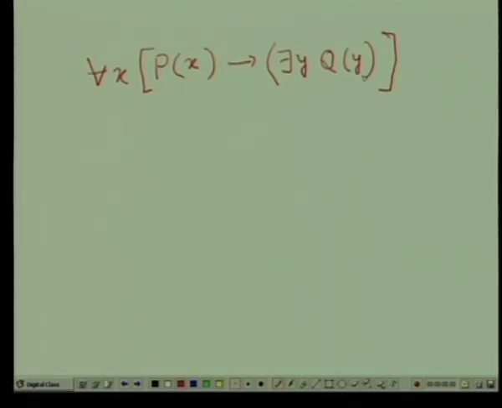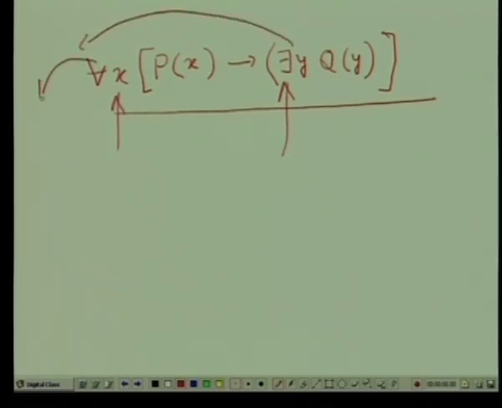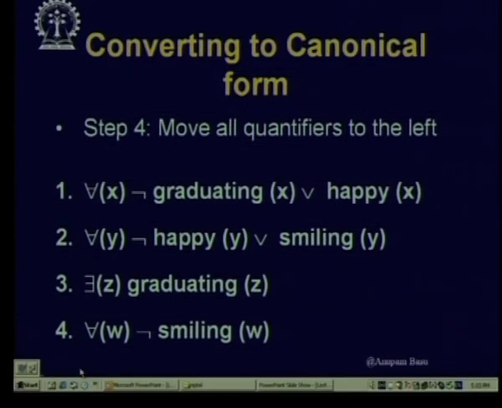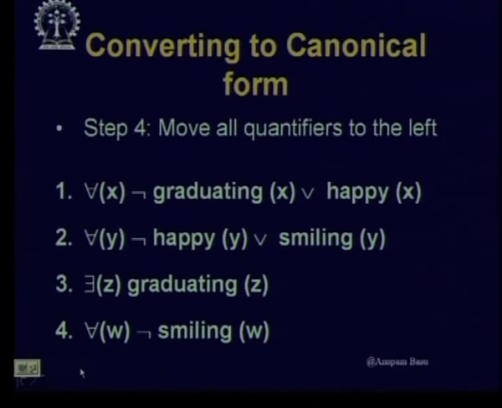In such cases, there are two quantifiers, but ultimately my objective will be to push all the quantifiers to the outside as much as possible. So the next thing that we try to do is we move all the quantifiers to the left, and using which we get, in this case there was not much of a change, we come to these 4 clauses.